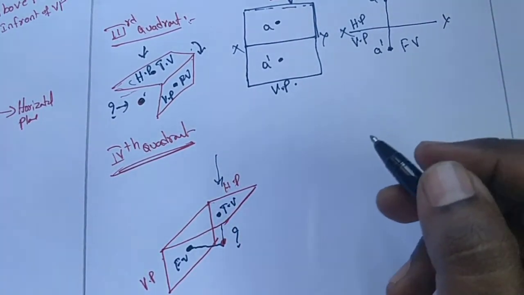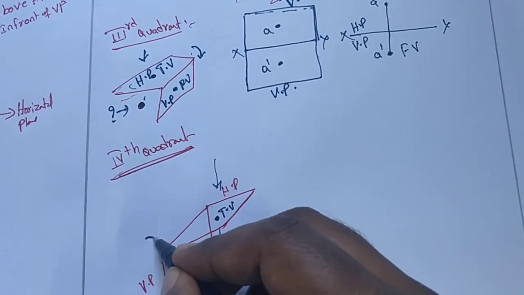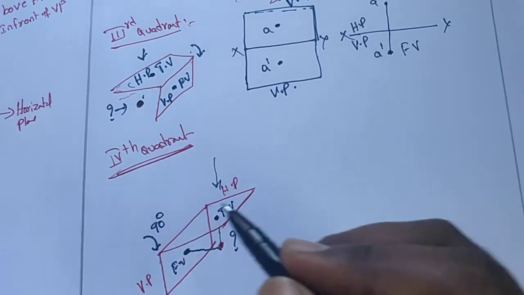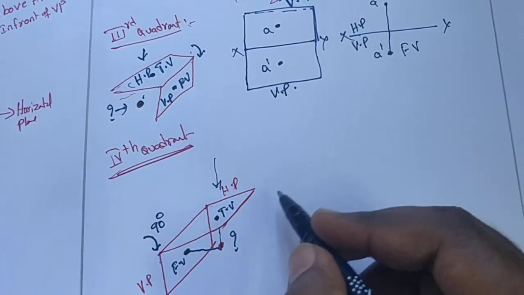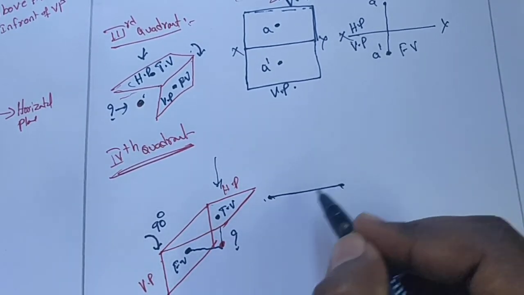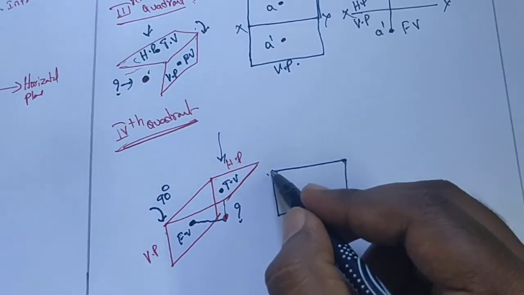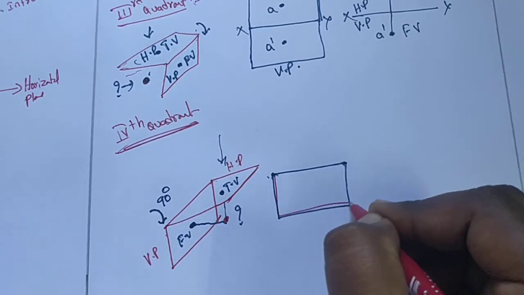If you view from the top side, this object is projected on the horizontal plane, it is the top view. When we rotate the horizontal plane clockwise, every time we need to rotate clockwise about 90 degrees, it will coincide with the vertical plane. It is the reference line, it is the vertical plane, and this one is the horizontal plane.